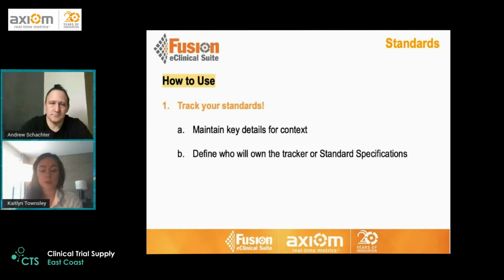So once we've developed those standards, how do we use them? Most importantly, we find that maintaining all of the key details and tracking our standards is the most important part. In terms of the key details for context, we want to make sure that we are documenting who had input on these decisions, why we made these decisions, who we had buy-in from, and what some other options were that were on the table that maybe we decided not to pursue.